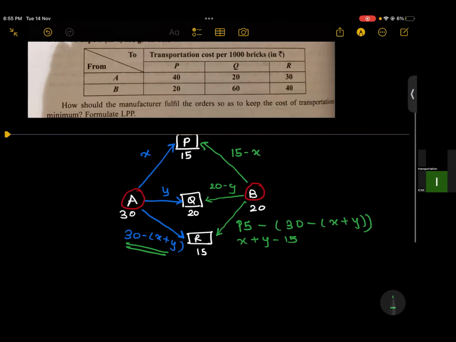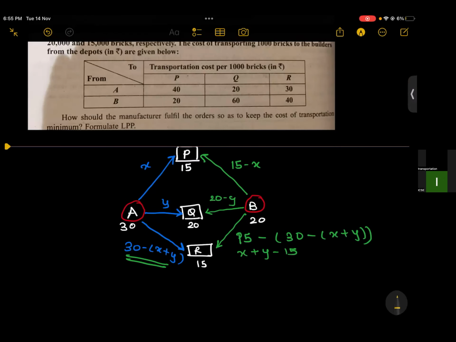After this is clear, we can see that we have a price given. So from A to P, the price is rupees 40. From A to Q, the price is rupees 20. From A to R, our price is rupees 30.